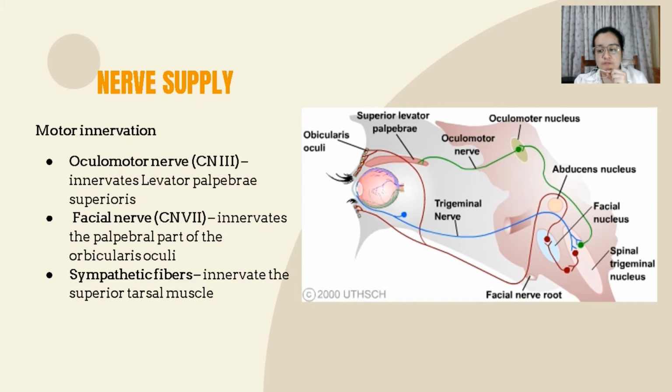Meanwhile, loss of innervation of the orbicularis oculi by the cranial nerve 7 causes inability to close the eyelids tightly and lower eyelid droops away, resulting in a spillage of tears. Lastly, loss of innervation of the superior tarsal muscle by the sympathetic fibers causes a constant partial ptosis.